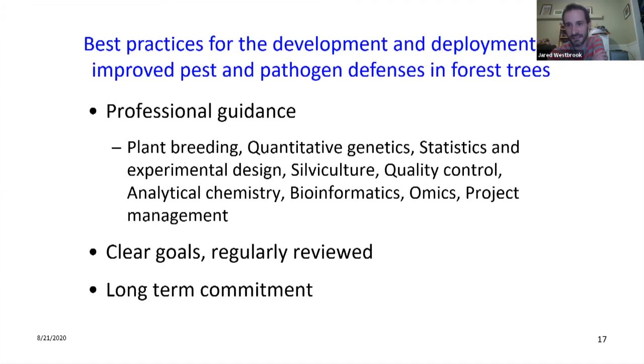The oxalate oxidase gene insertion does not significantly change the metabolite expression compared to the wild type trees. That was looked at, and actually in the USDA petition, they compared the wild type trees to the trees that have oxalate oxidase in them, and they have very similar metabolic profiles.